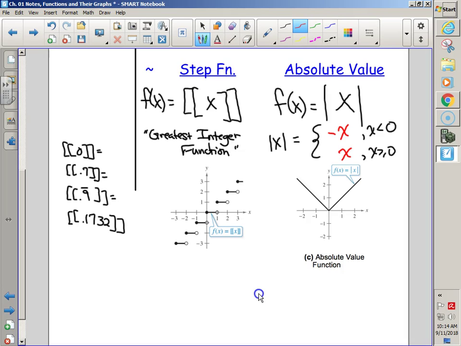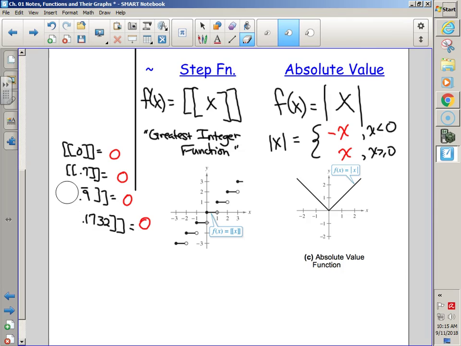What does the greatest integer do to all of these if they're all just 0? In middle school math, how were you taught to write these numbers? Are we supposed to just write them 0.7, 0.99999, 0.1732?